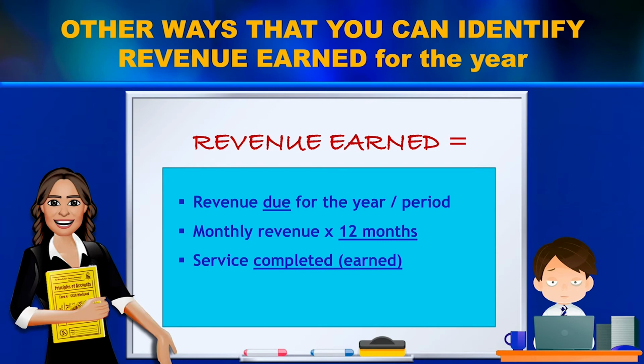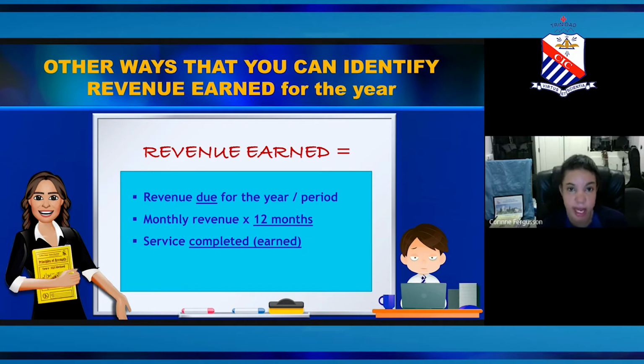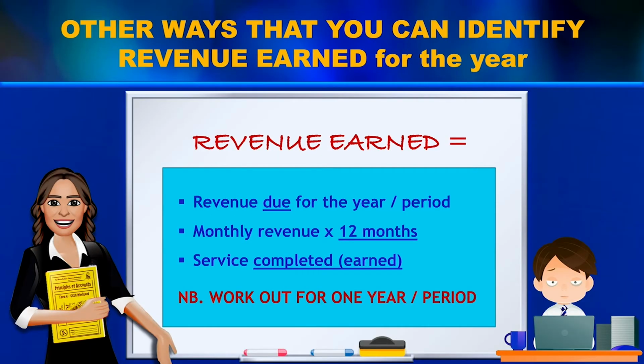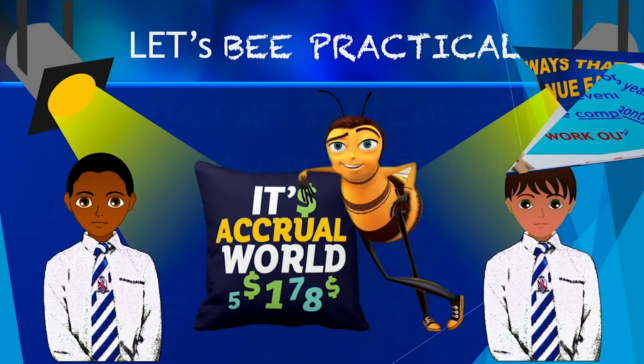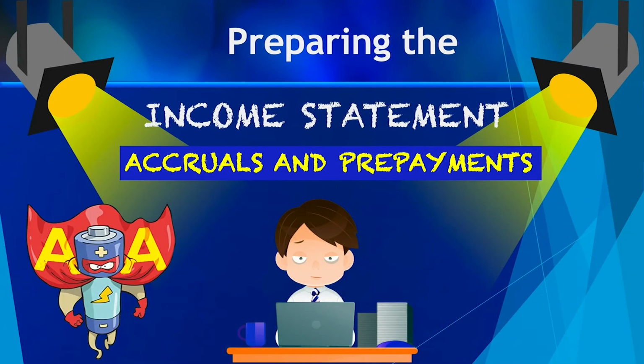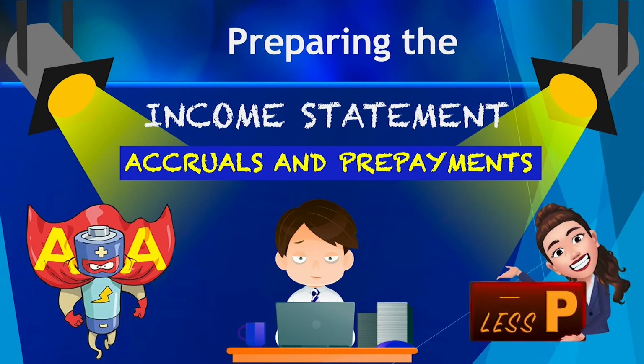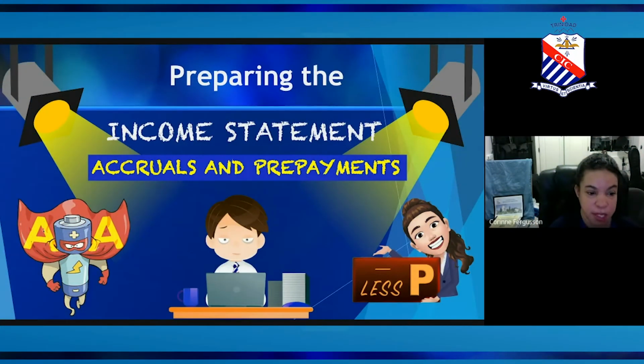But the main point that we make is if the period is for a year, whatever information they give you, you are working it out for a year, right? Which is 12 months. So just always keep that in mind. So that is in addition to you add accruals and you less prepayments. And this is for both expenses and the revenue.